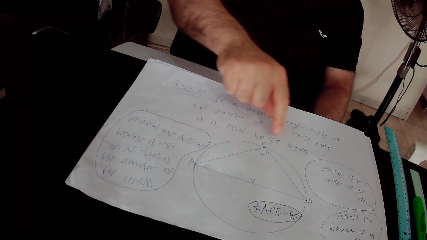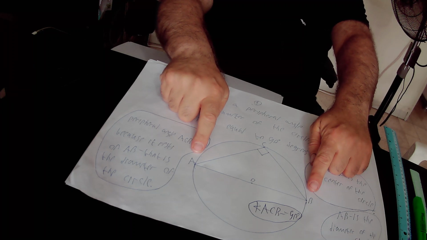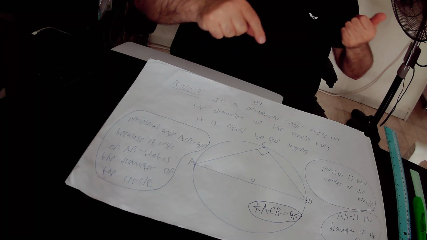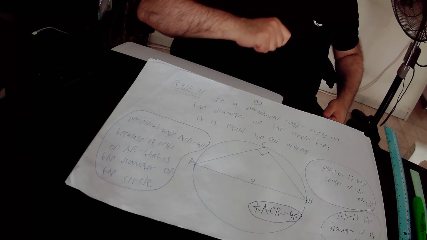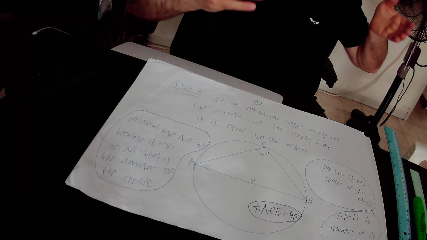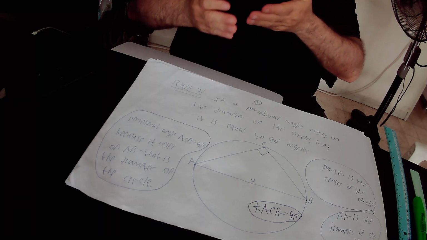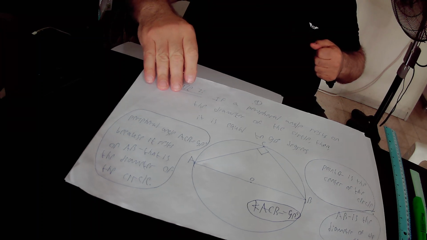This is subtended on AB, the diameter, and therefore according to rule 7, peripheral angle ACB equals 90 degrees. So whenever you have a peripheral angle that is subtended on the diameter of the circle, it must be equal to 90 degrees.